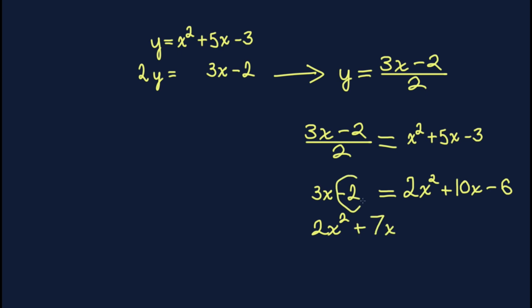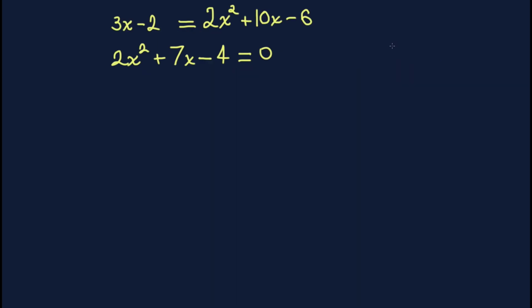And this minus 2 here goes to the other side, becomes plus 2, which is going to give us then minus 4. And since we threw everything to the right side, we have here equals 0. But let's just write the 0 on the other side.